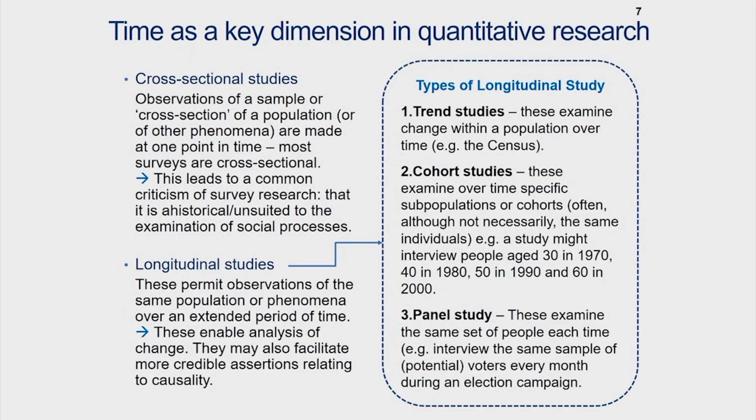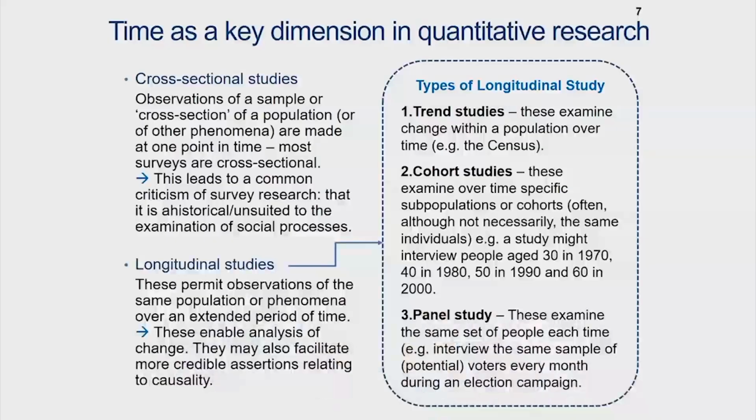Okay, now time is a very important dimension with regard to quantitative research, and that helps us to identify which kinds of method of inquiry should be carried out. And usually survey research methods or surveys are carried out with respect to cross sectional studies or longitudinal studies.